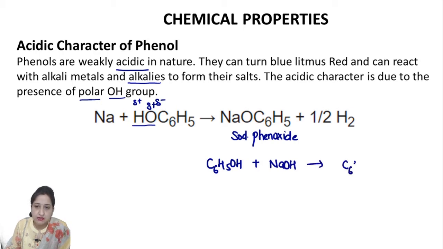So again we get sodium phenoxide plus water is released. So this reaction again shows the acidic behavior of the phenol, okay, because it removes H. That's why these reactions show the acidic behavior of phenols, and it is found that phenols are even more acidic than that of alcohols. Okay.